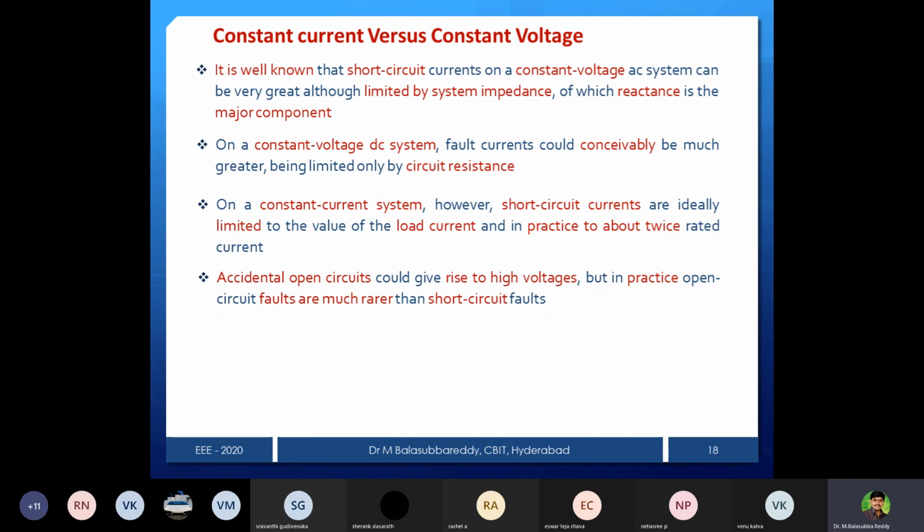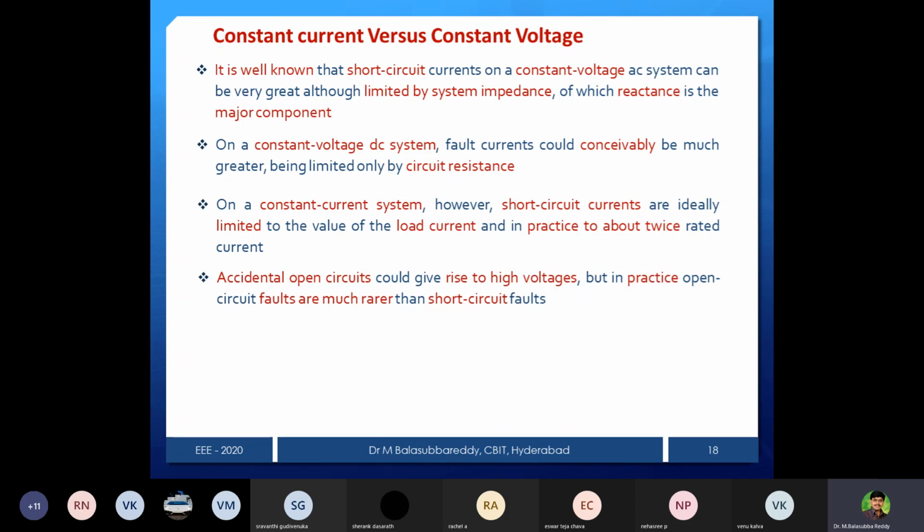But in the other case, if sudden load is increased on the load side, then voltage will drop down. So in this sequence, because the load is not constant, it is going to vary at any time, whether in the distribution side or in the general case if you consider transmission also.